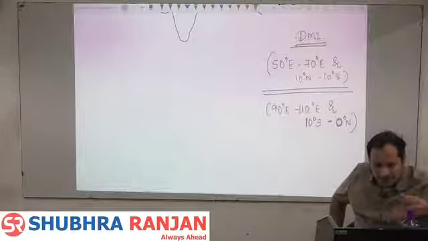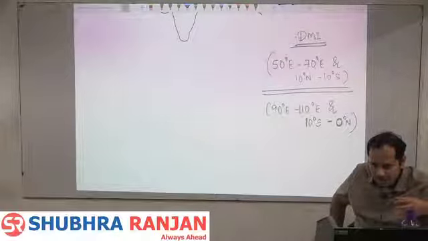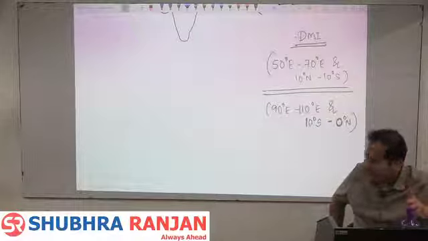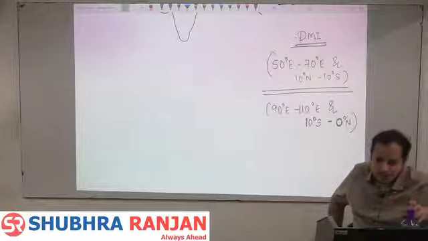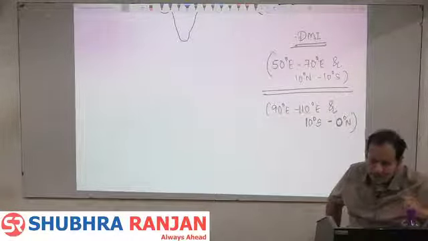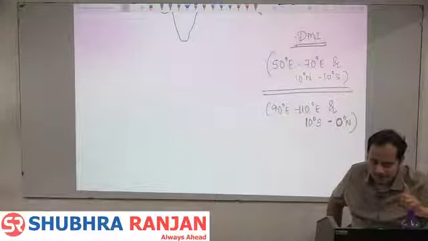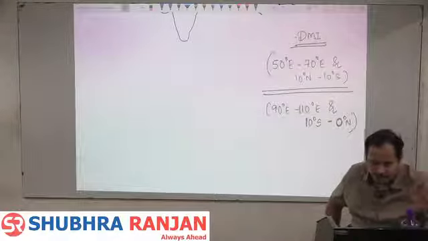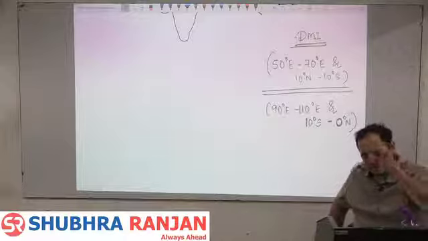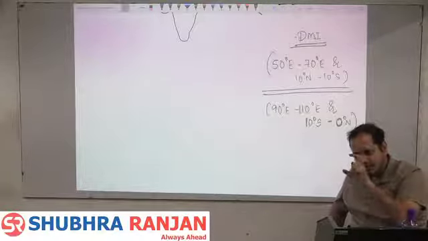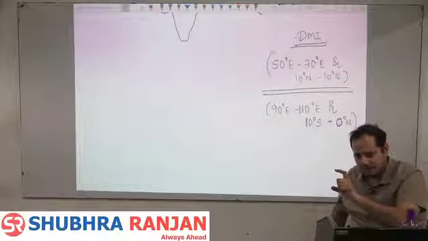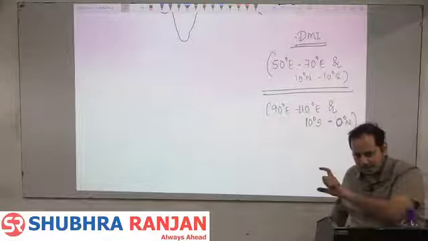Whatever is happening in the equatorial region, therefore it is known as equatorial oscillation. Getting it? If you can remember the factual data, very good, it will be best for the exam. So far Indian Ocean dipole has not yet come in optional. It has come in GS prelims, but not yet in GS mains. So 50 to 70 on the equator, 90 to 110 on the equator, but to the south of the equator. Getting it? Not to the north. East side north, west side south.